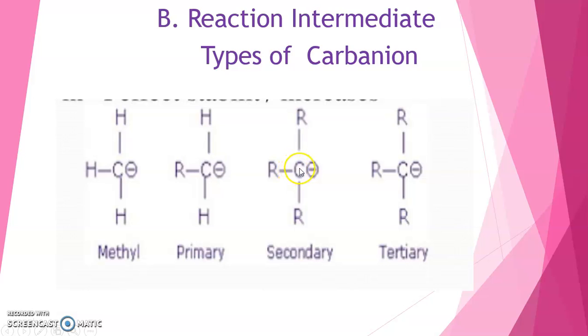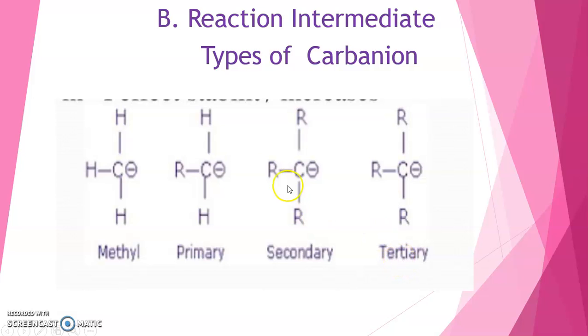Whenever a carbon atom is attached to two different carbon atoms, here we require H. By mistake it is written as R, but here one R is not there, it is H, and two R groups are there. So this carbon atom is attached to two carbon atoms, so this is a secondary carbon atom. And a carbon atom which is attached to three different carbon atoms is known as a tertiary carbon atom.